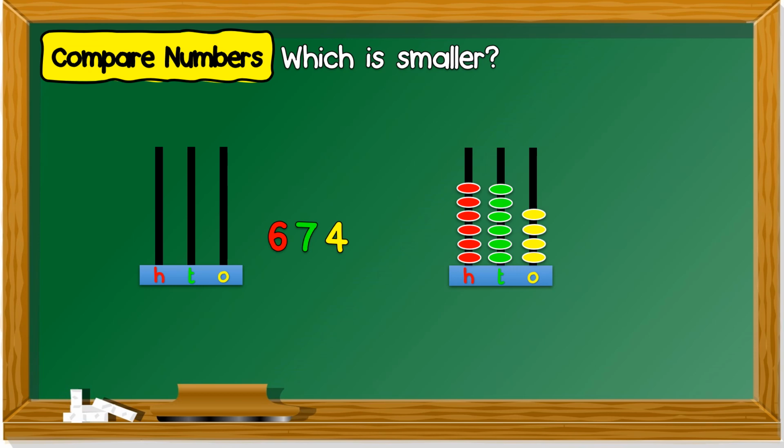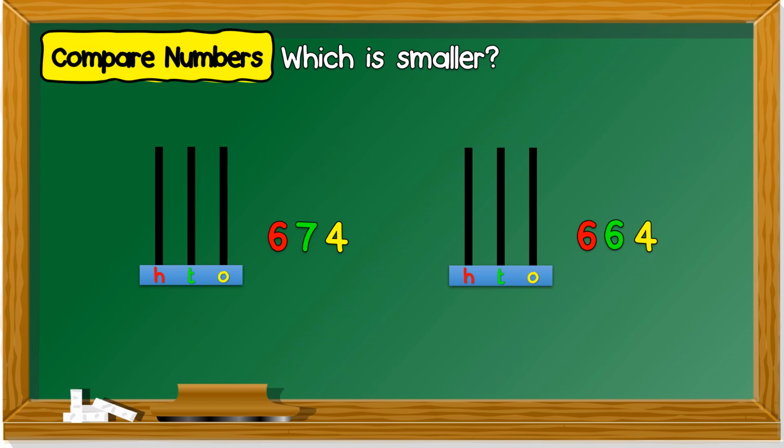The one on the right, beads of 100. 1, 2, 3, 4, 5, 6. Beads of tens, also 6. Beads of ones, 1, 2, 3, 4.